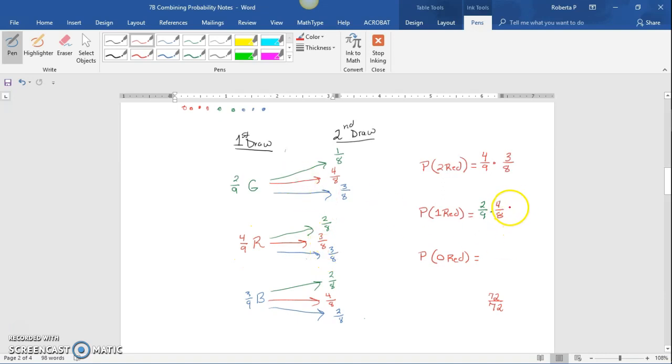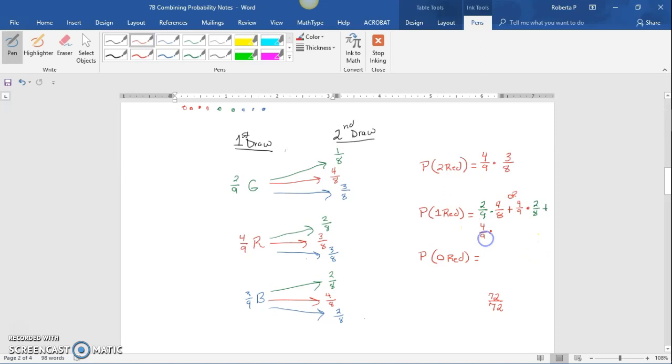So 4 out of 9. So it's this branch, or, so that's addition, this branch, 4 out of 9 times 2 out of 8. Or, so that's two reds, I want one red, so 4 ninths and 3 eighths.